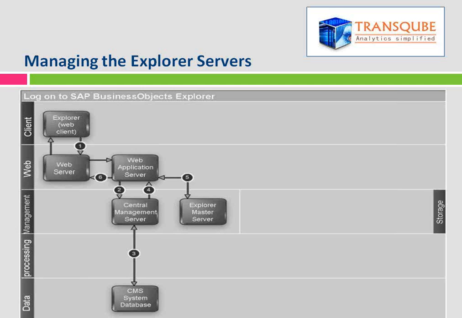Is he valid? Authenticated? Can he do something here? All that information is checked against it. Once this user is successfully authenticated, the web application server will initiate a web Explorer master server. That means the Explorer master server will also host the indexing service, search service, and eventually Explorer service. All of these services are managed by the master server, depending on the activity that you want to perform by logging in.